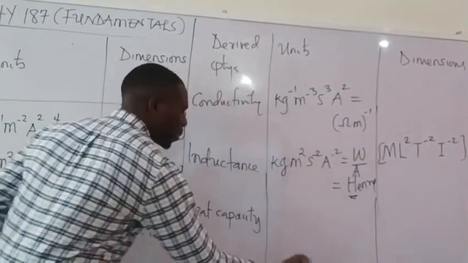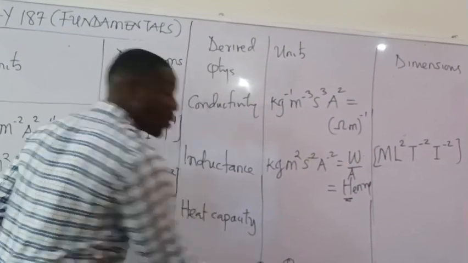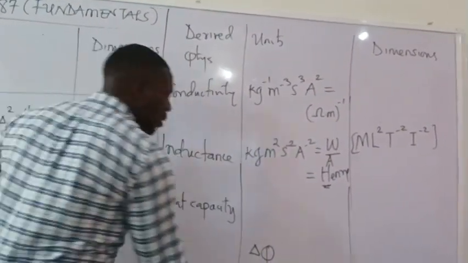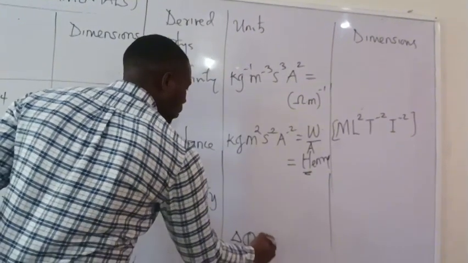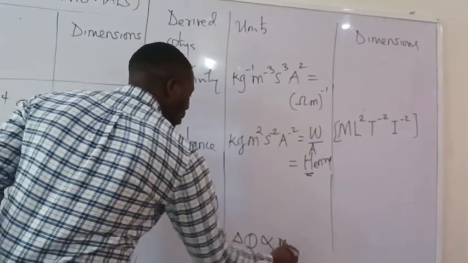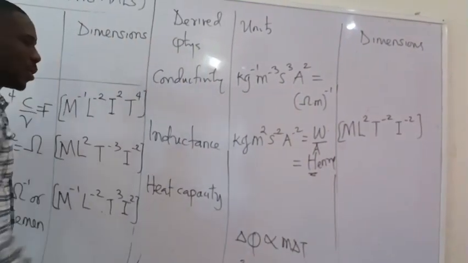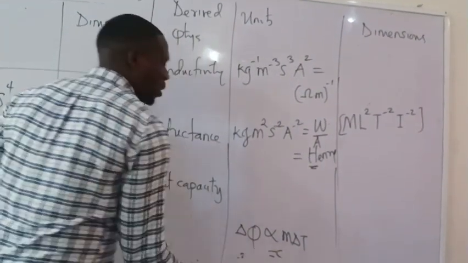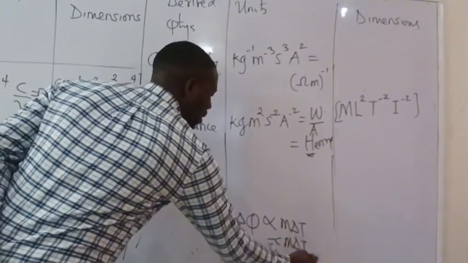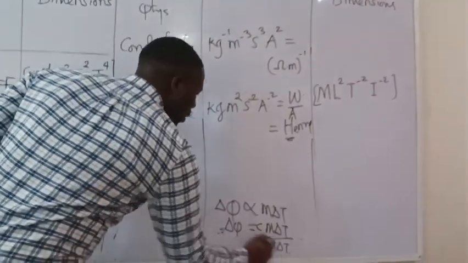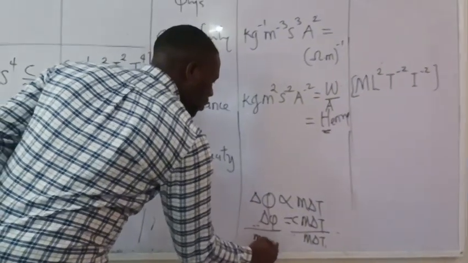We could get it from the proportionality constant that exists between the amount of heat energy you pump in or take out, for a given mass, and the temperature difference. So this is that constant of proportionality, that is heat capacity. So we could divide through by m delta t.